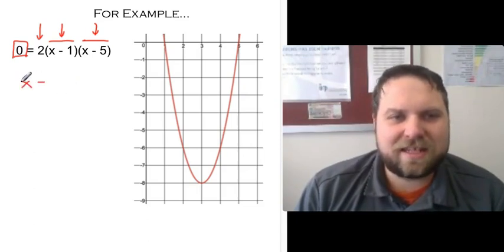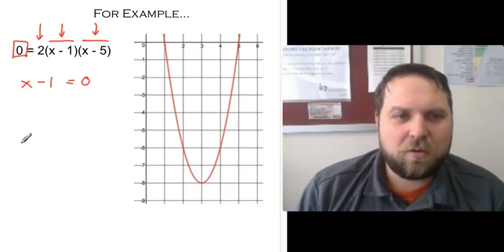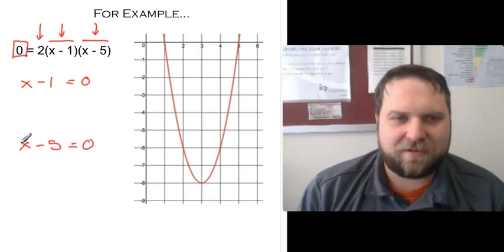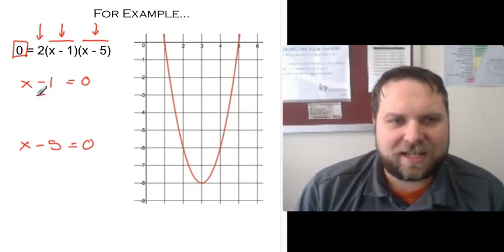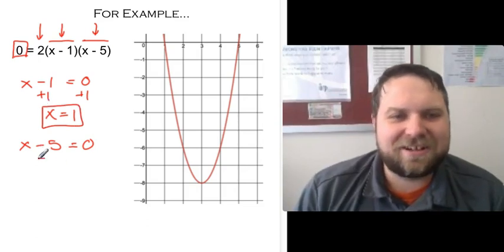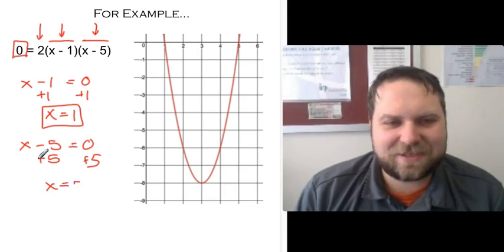So it could be that x minus 1 is equal to 0, or it could be that x minus 5 is equal to 0. Well, if x minus 1 is equal to 0 and I want to find out what x is, I just add 1 to both sides and I get x equals 1. That's one of my solutions. And over here, I would add 5 to both sides and x equals 5.